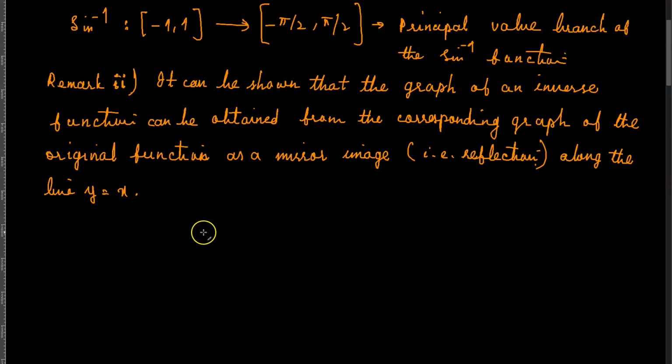Like the sine function, the cosine function is a function whose domain is the set of all real numbers. When we were talking about the cosine function, we said that its domain is R and the range is -1 to 1, right?